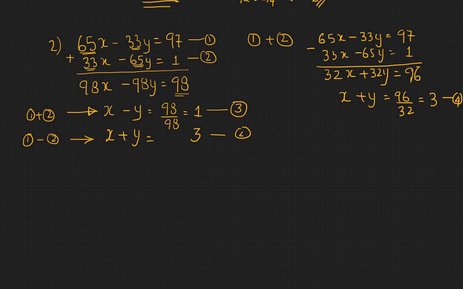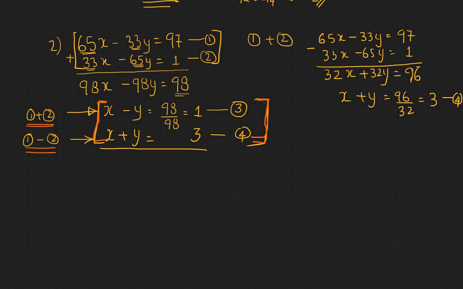That's your fourth equation. So now the solution for the above simultaneous equations will be the same as the solution for this simultaneous equation, right? Because this simultaneous equation has been derived by adding the above equations and subtracting the above equations. So the solutions will match.